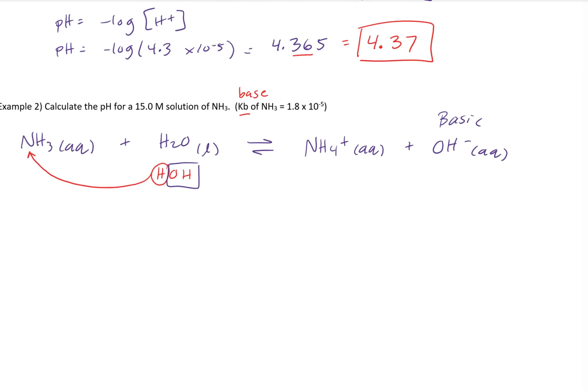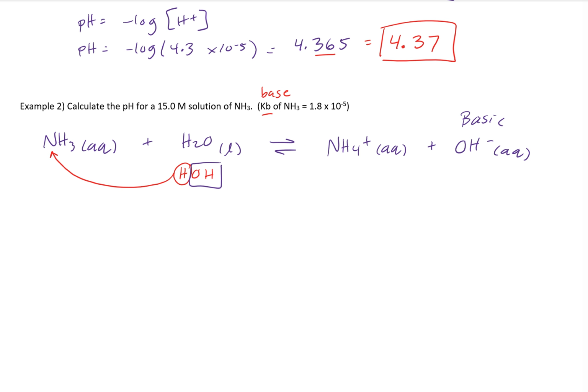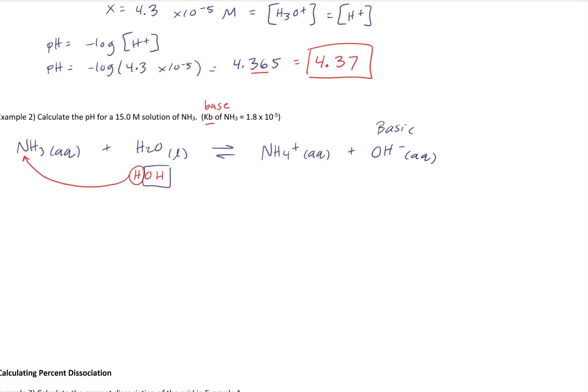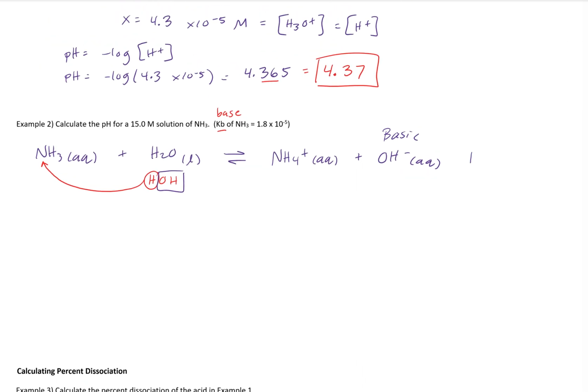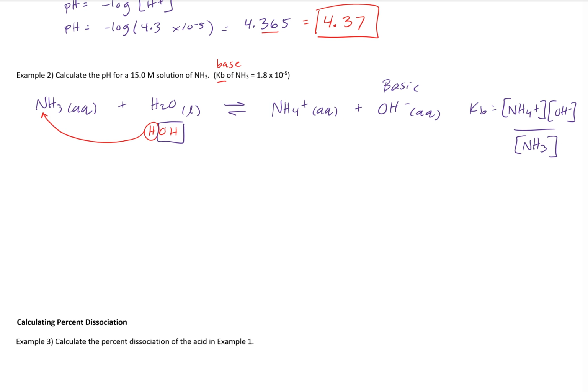I'm going to start by writing our equilibrium constant expression like we did for our Ka example. Kb is equal to the concentration of ammonium ion times hydroxide over NH3, again ignoring the water because it's a pure liquid. Let's complete an ICE chart for ammonia.